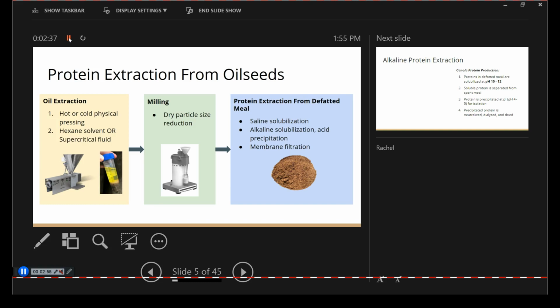Then the residual fat is extracted with either hexane or supercritical fluid, and then the defatted meal is reduced in particle size with a mill, and then there are 3 different extraction processes that we had talked about in class, being saline or salt solubilization, alkaline, or membrane filtration.